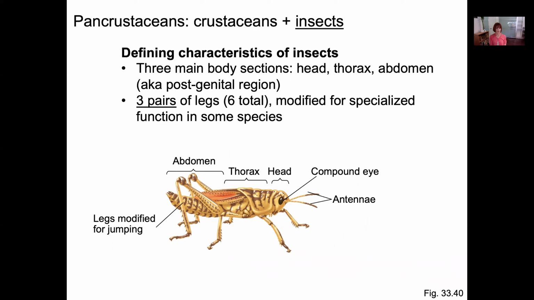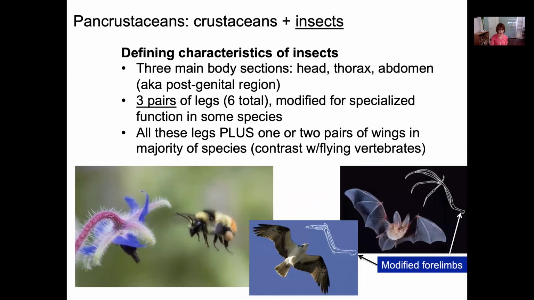And then they have 3 pairs of legs, contrasting with 4 pairs of walking legs in arachnids, right? And so that makes 6 total, 3 on each side. In this grasshopper, we've got 1, 2, 3, and some of them are modified for specialized function, in this case, jumping. Okay.